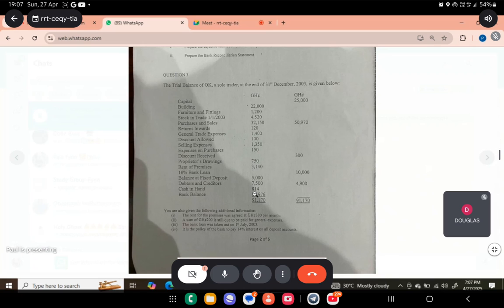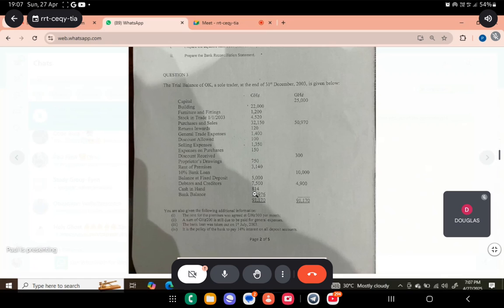Rent for premises 3,140, and they are telling you that every 1 month is 300 cedis. So you would have to multiply 300 cedis times 12 to know a full year's rent. And if it is 3,140, then we say that yes, that's it. But if it is more or less, we have to adjust.